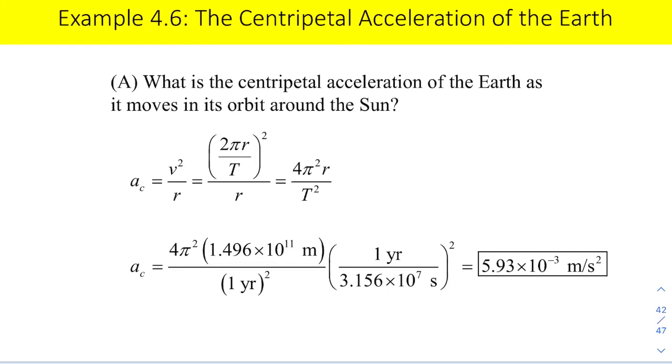Right, example 4.6, the centripetal acceleration of the Earth. What is the centripetal acceleration of the Earth as it moves in its orbit around the Sun? So a_c is equivalent to v squared over r. What is our v? v is defined as distance traveled over the time taken.